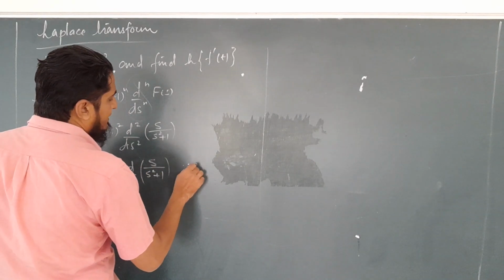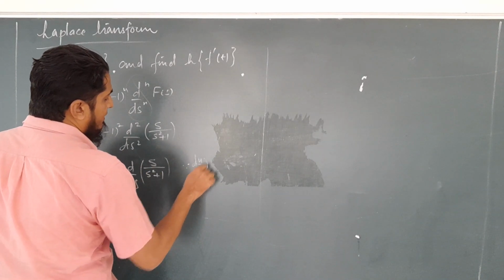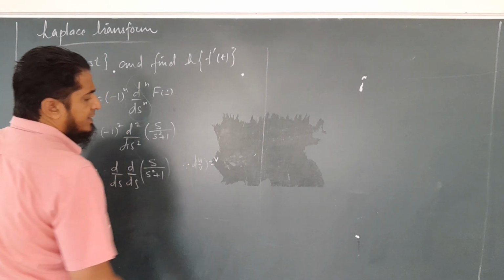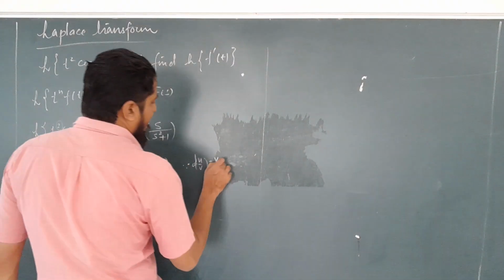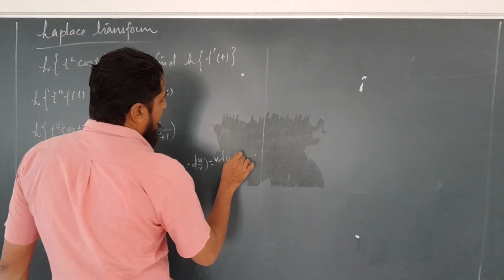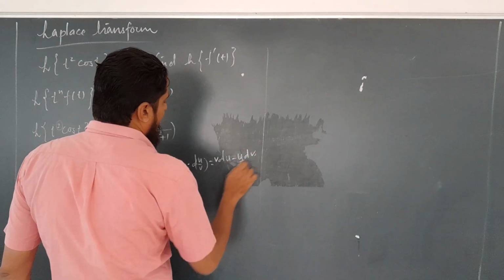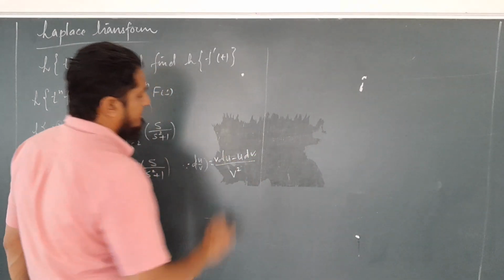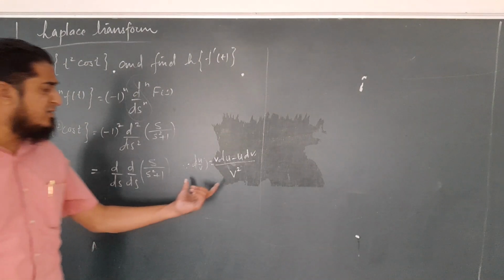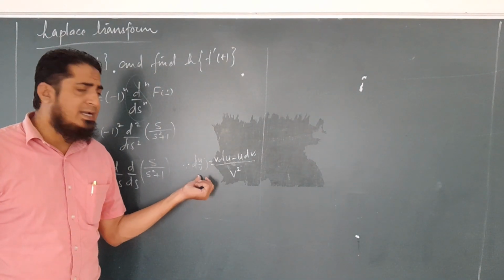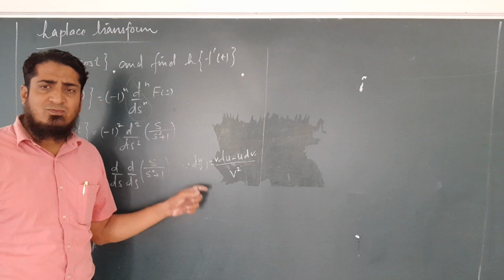We know the u by v form: we take v outside, then differentiation of u, minus taking u outside, differentiation of v, upon v square. It is the formula whenever we get a function in u upon v form.